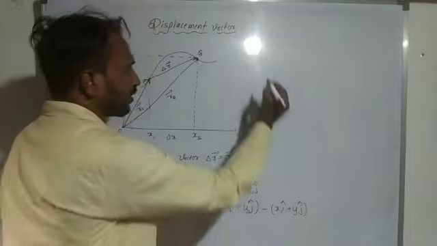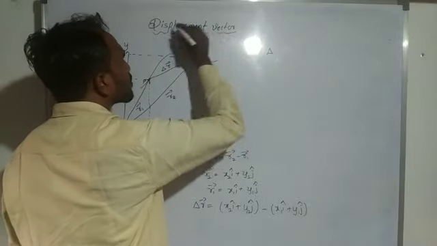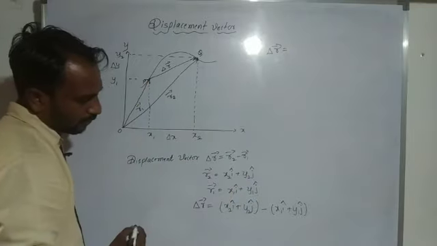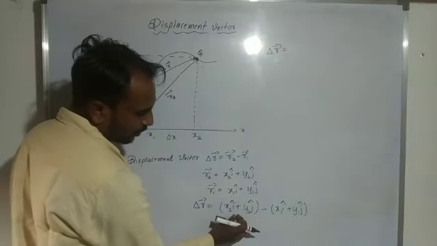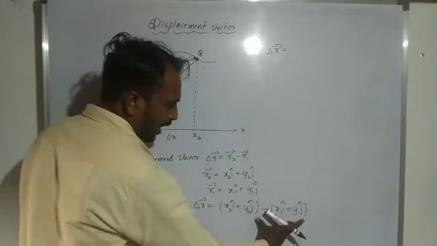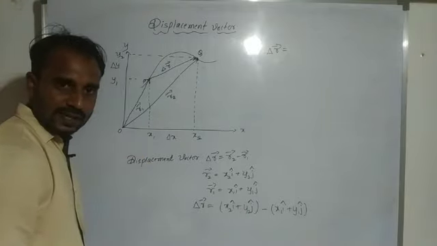Now we put the i cap values on one side and the j cap values on the other side.